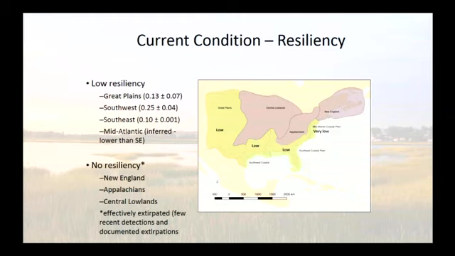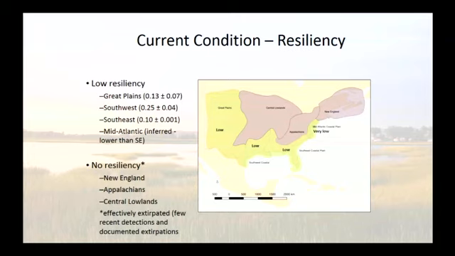And so we inferred that to mean that resiliency, we inferred that to mean that redundancy is potentially quite low for this species within each of these regions. And if we have 10% of our available habitat occupied, that means that 90% is not occupied right now. And that's not a good picture.